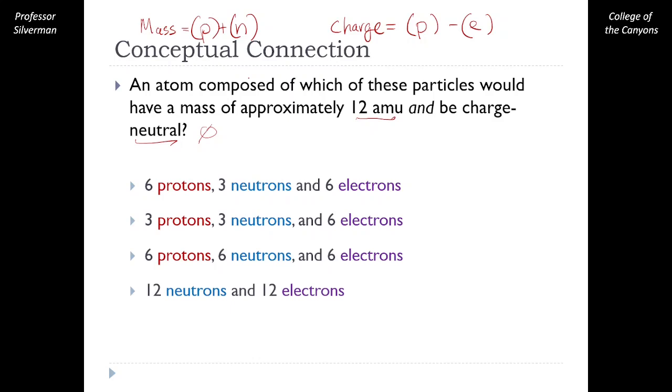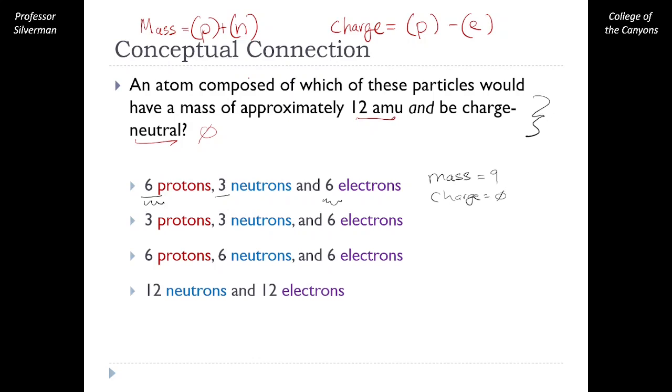Our first atom has a mass of 6 plus 3, which is 9. It has a charge of 6 minus 6, 0. Is this the atom that we're looking for?